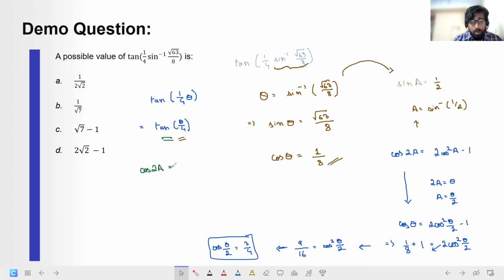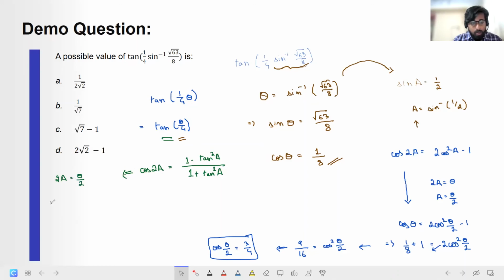So from this particular formula, I get cos twice a is equal to 1 minus tan square a divided by 1 plus tan square a. So here if I substitute it again, but I'll substitute it a bit differently over here. What I'll do is I'll say that twice a is equal to theta by 2. I'll assume this.